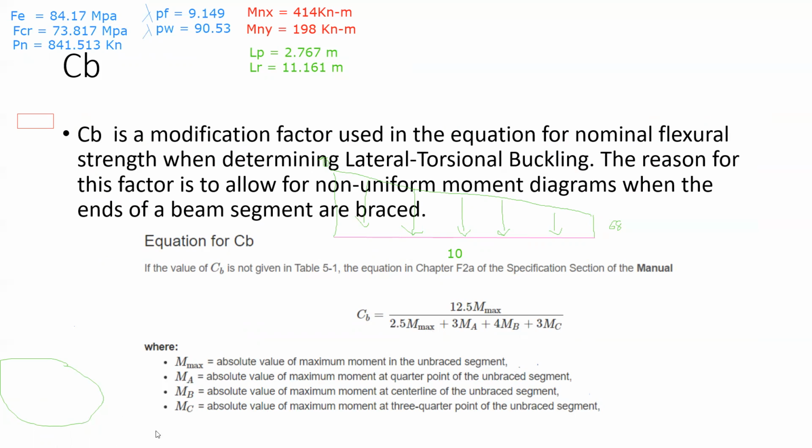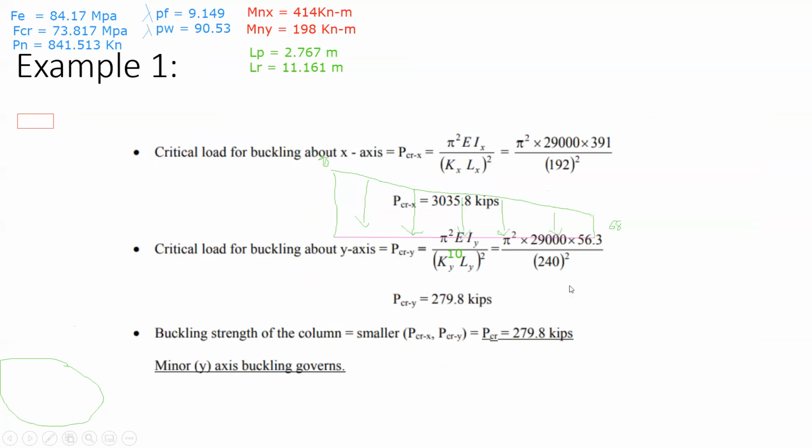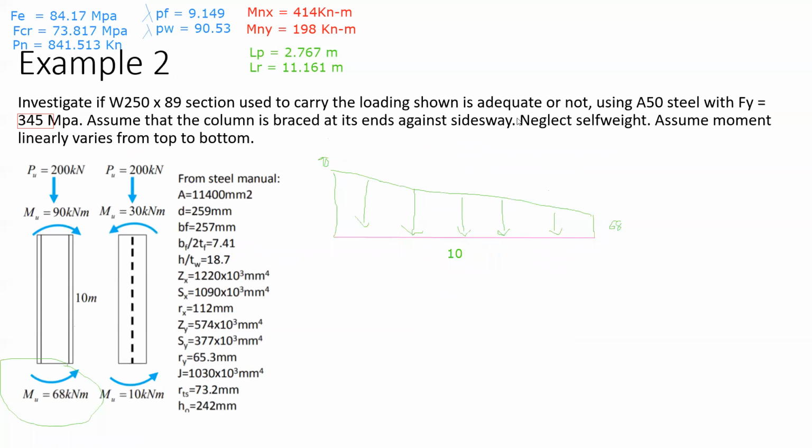And MC is at the third quarter point. So, pag drawing natin to, meron tayong 4 na hati. So, unang quarter, meron kang MA. Meron kang B sa 1/2.